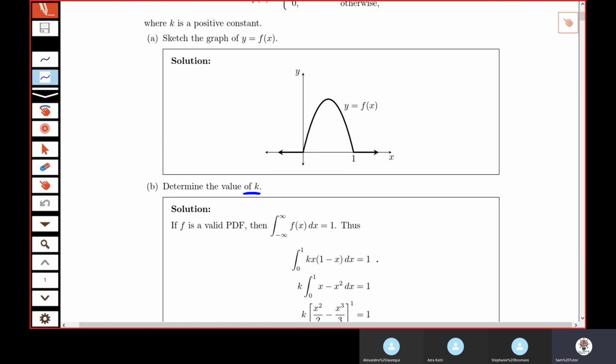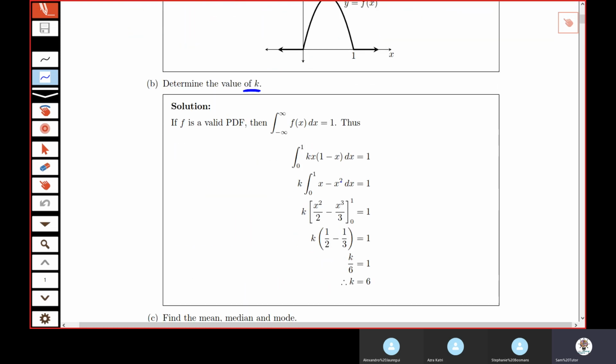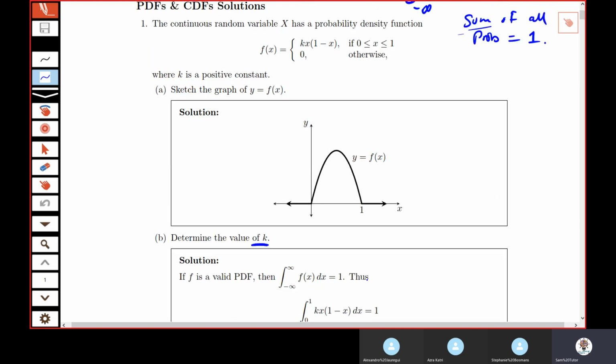So now you know your new probability density function would look somewhat like this: 6x(1 minus x) for x between 0 and 1, and 0 otherwise.